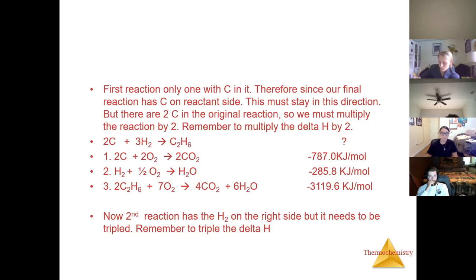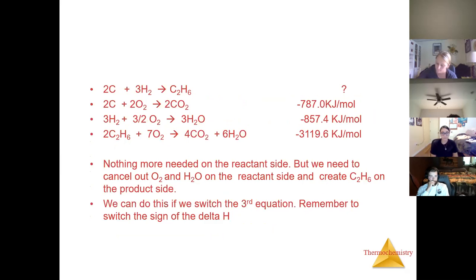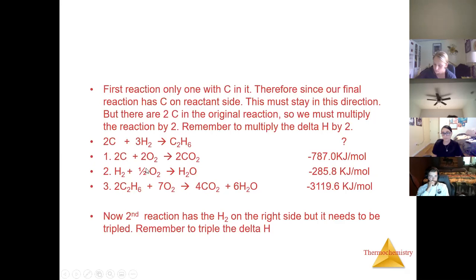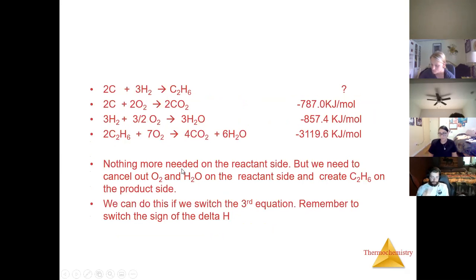Do you see the other reactant? Yes, H2. It's on the same side. So what am I going to do with that second reaction? You're going to have to multiply it by 3, right? And I did. I multiplied it by 3. So I got 3 halves O2 as well and 3 H2Os, right?